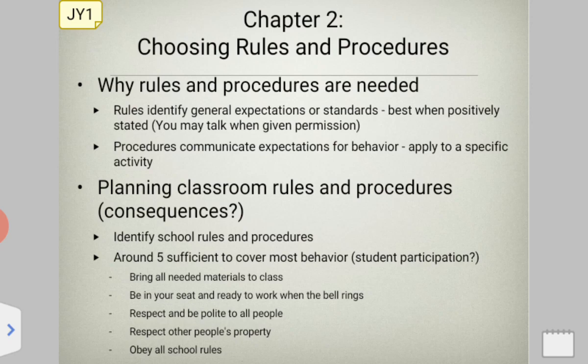And then we have planning, classroom rules and procedures, right? And also consequences. Here we have identify school rules and procedures. Actually, that is something that probably is already stated in schools, in the students' handbook or Manual de Convivencia, right?